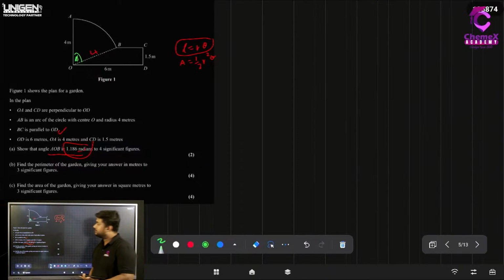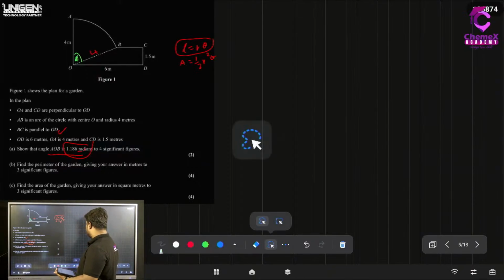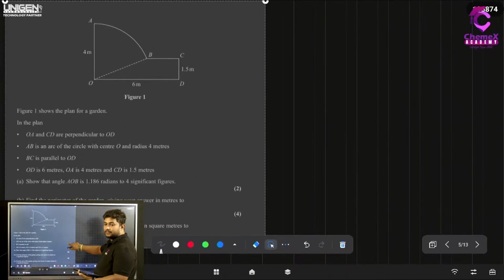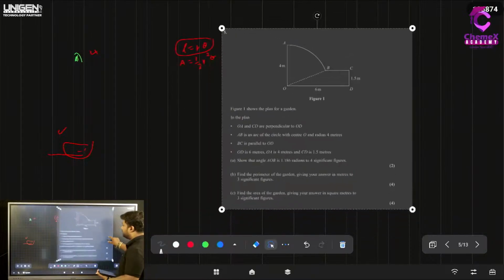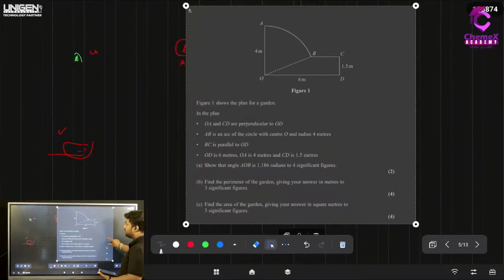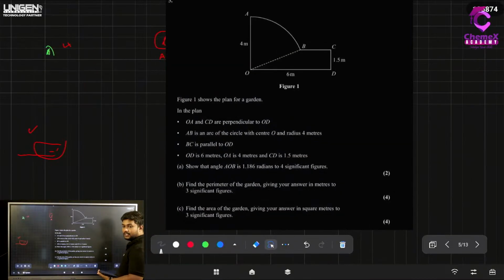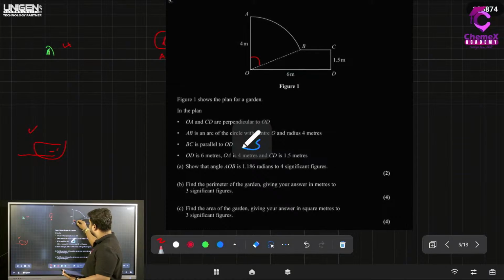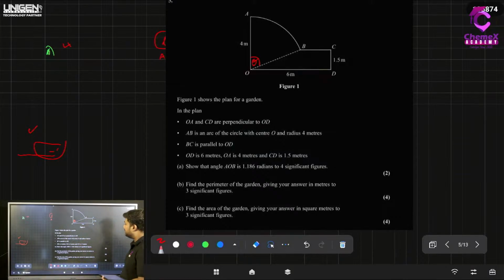How do you find it? Is the image really small for you? Now is it big enough to see? Okay, we need to find this angle. In order to find that, we know the radius.